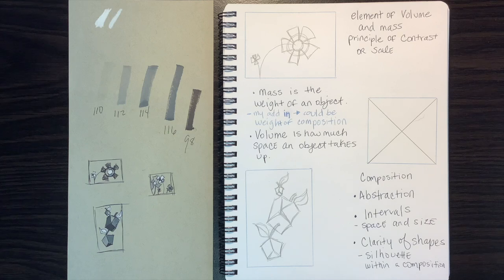Clarity of shape. So if you really just don't have a clear idea of what you're going to do or how you want to compose, really thinking about the shape in your design of your overall shape in a composition is very important. Are your shapes connecting together is very important.